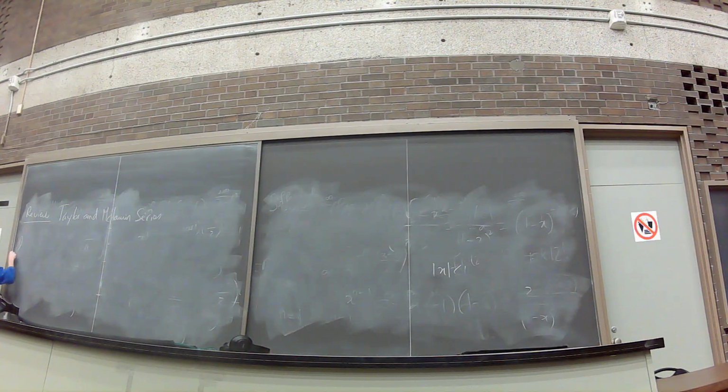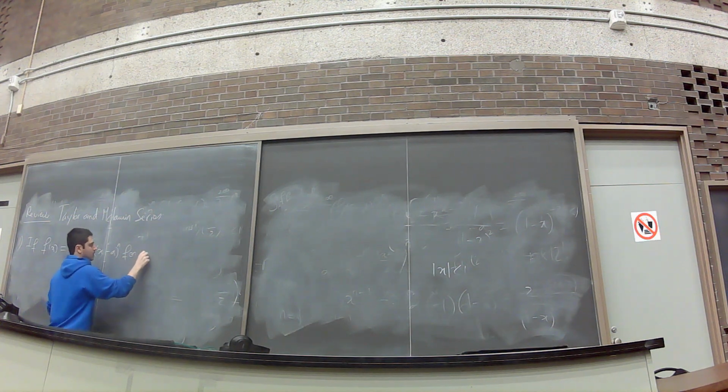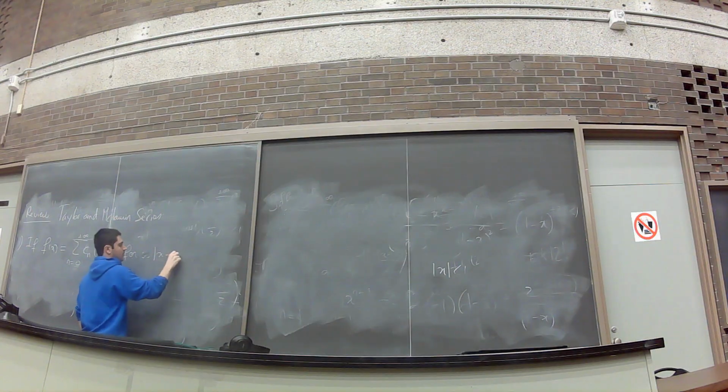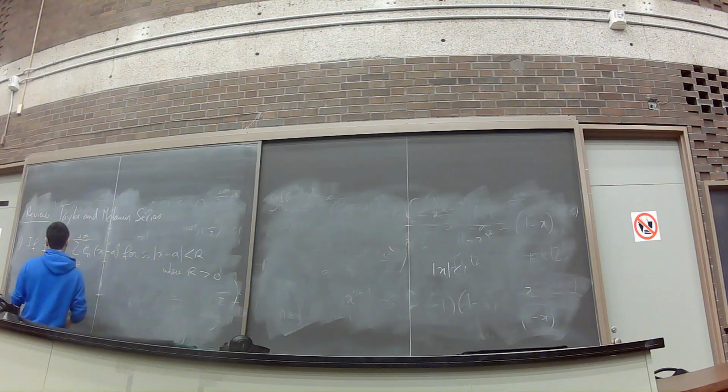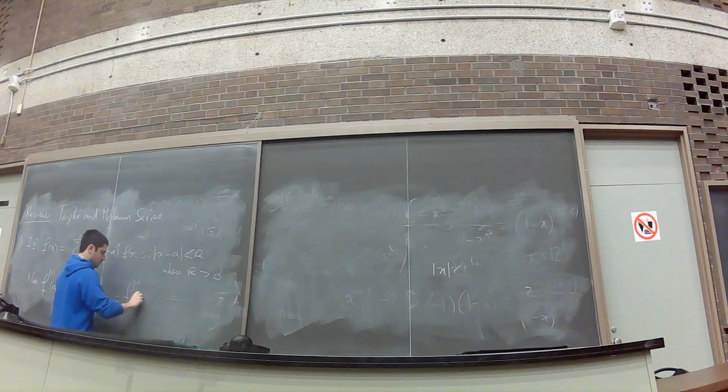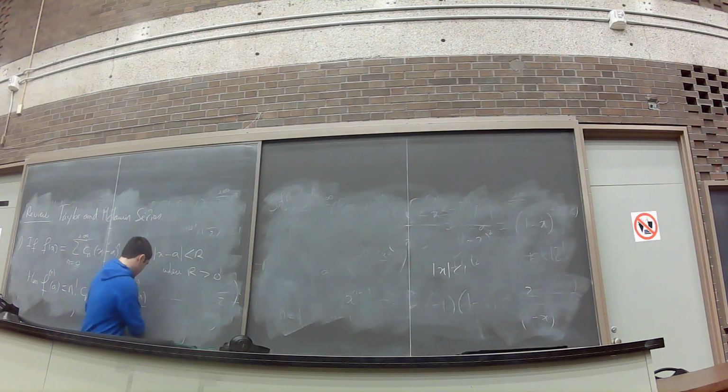With what we have seen right now, we have seen that if f of x is of this form, for |x - a| < r, where r is positive, then we can say that f^(n)(a) = n! times c_n, or equivalently that c_n is f^(n)(a) over n factorial.